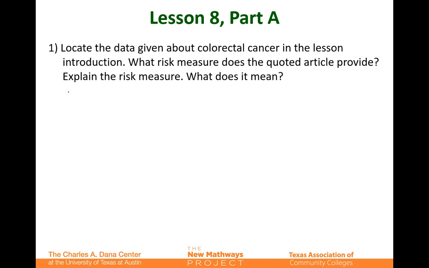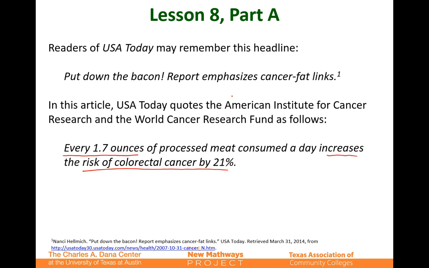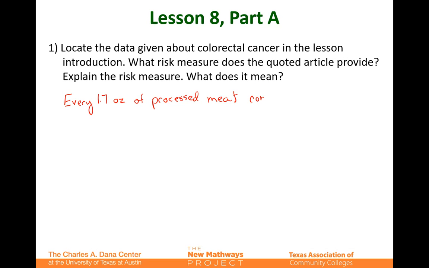Well, it's a little unclear, but basically they're saying every 1.7 ounces of processed meat, let's go back and see, consumed per day, gives us an increased colorectal cancer risk of 21%. Okay, first of all, it's a little bit fuzzy here.